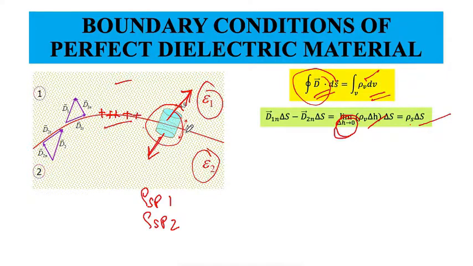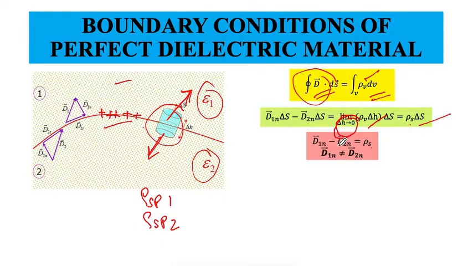So I can now safely replace the right hand side with rho S delta S. There is nothing more to do. We have obtained a relationship: D normal 1 minus D normal 2 must be equal to the total surface charge that is kept.